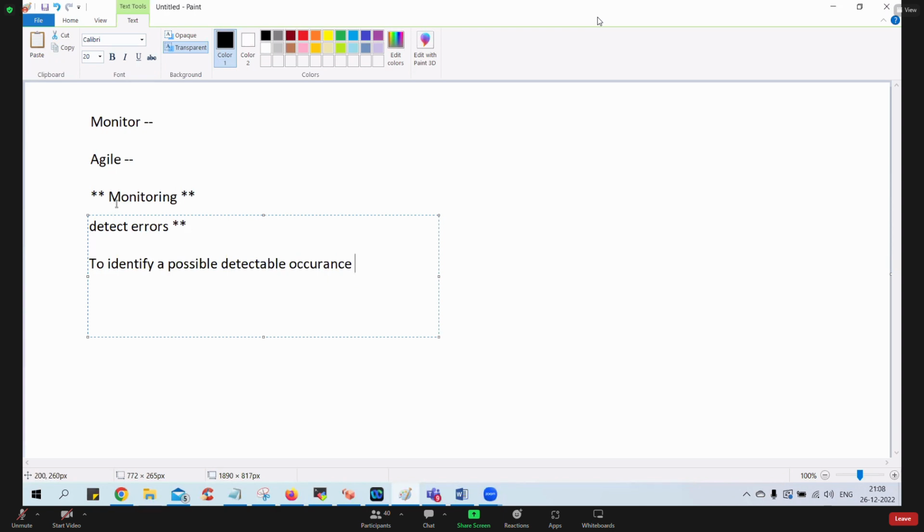The main purpose of monitoring is to identify a possible or detectable occurrence that has a potential to break down your service delivery. Do you agree with this now?